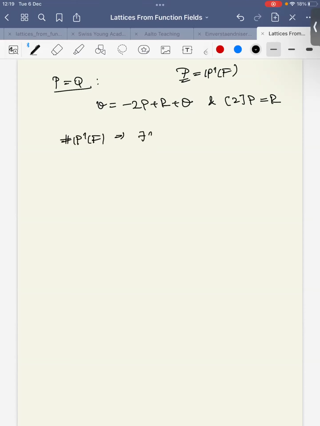We can choose any rational place U such that U is not the identity, P, P plus P, or minus P.